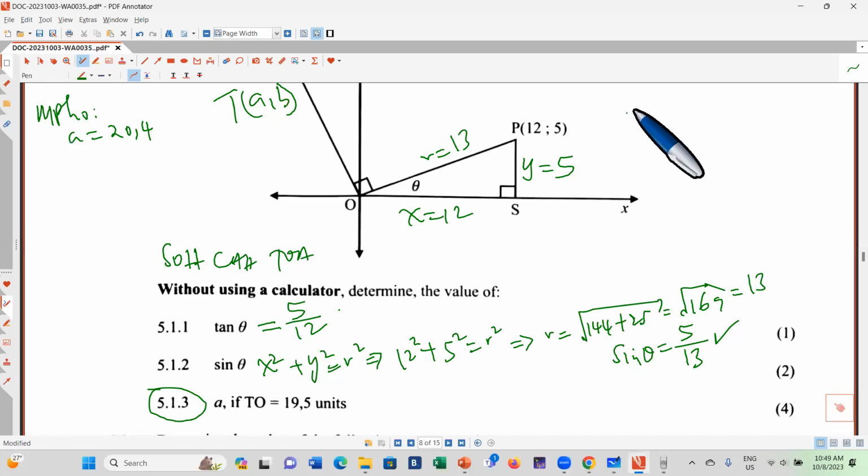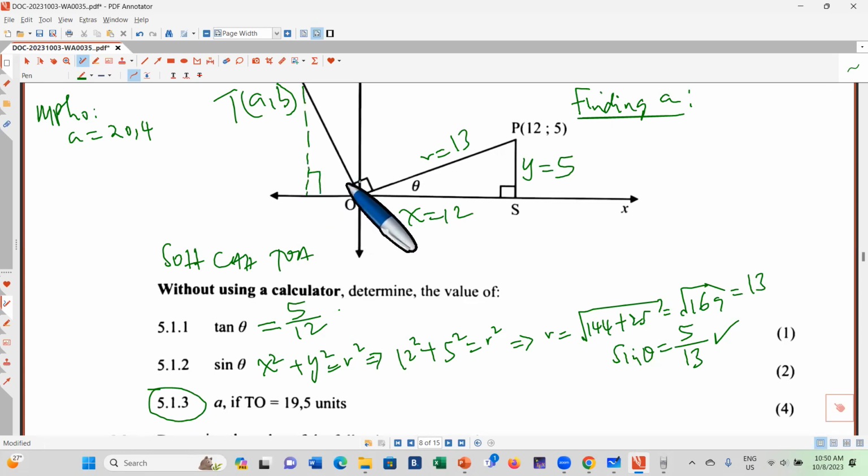So we proceed as follows to find the value of A. To find A, we need to realize that we need to draw a construction like this.